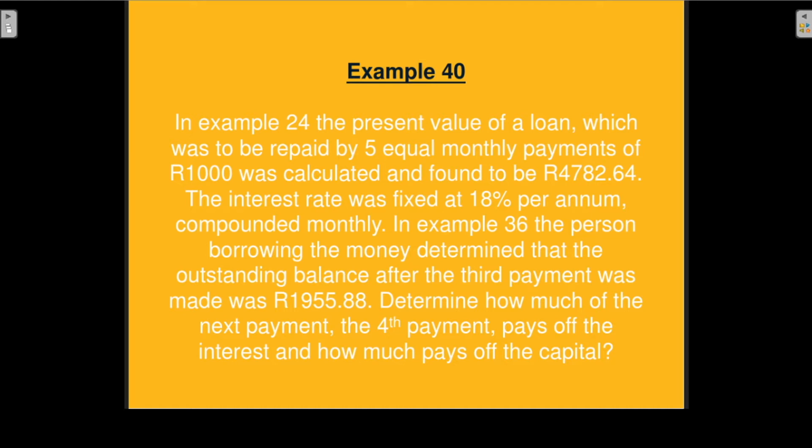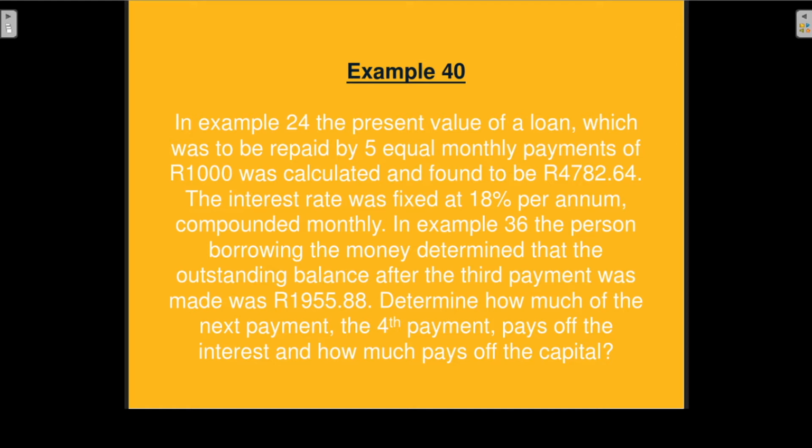The interest rate was fixed at 18% per annum, compounded monthly. Now in example 36, the person borrowing the money determined that the outstanding balance after the third payment was 1,955 rands. So in this example, we would like to determine how much of the fourth payment pays off the interest and how much pays off the capital.